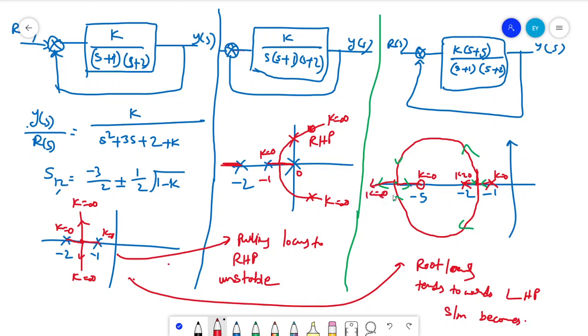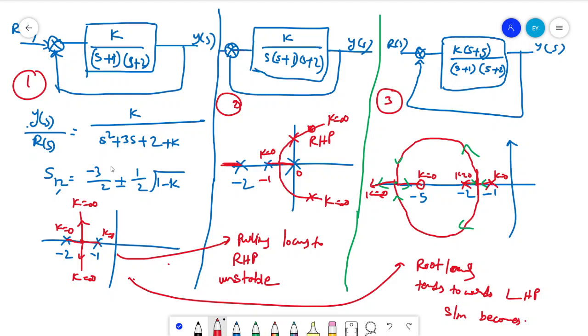For any value of k in system 1, this is system 1, this is system 2, this is system 3, the closed loop system is stable. If you take any value of k, the system will be stable because it is tending towards infinity, but still the system is in the left half of the S plane.